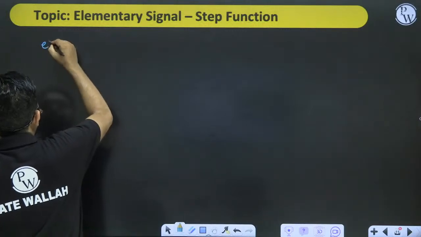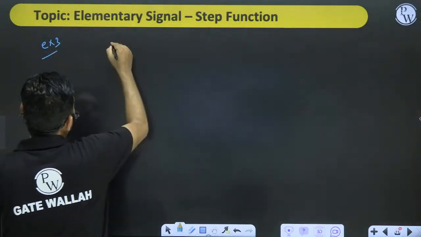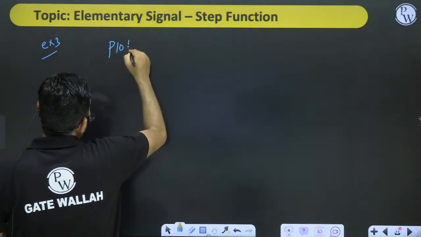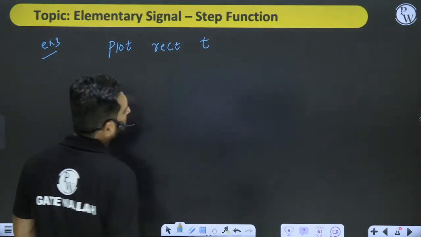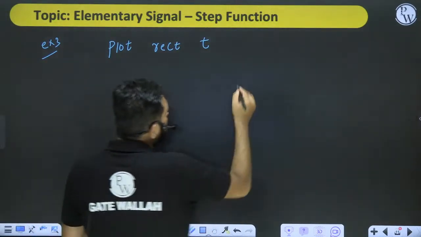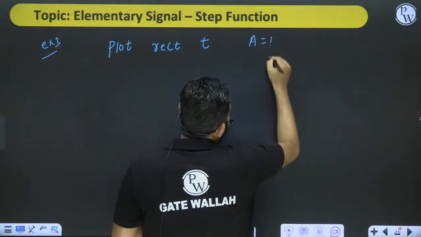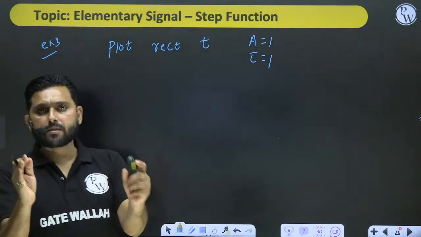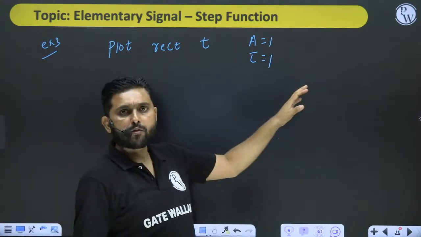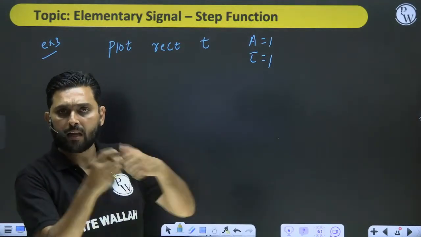Example number 3. Suppose someone asks you to plot rect t. This means that we have a equal to 1 and tau equal to 1. So the total width is tau, which is equal to 1. We have to represent it by half width here, half width there.